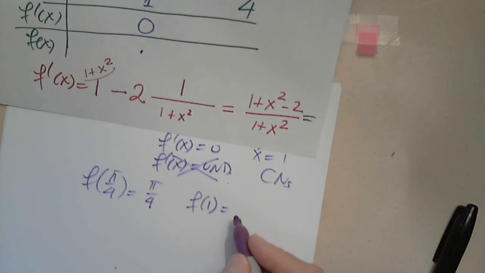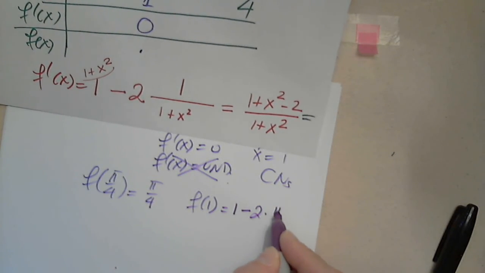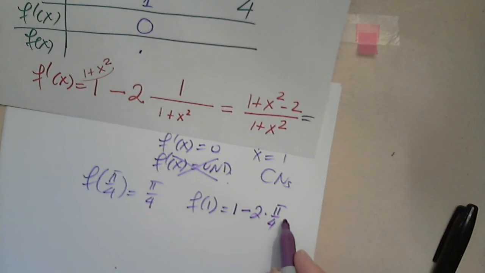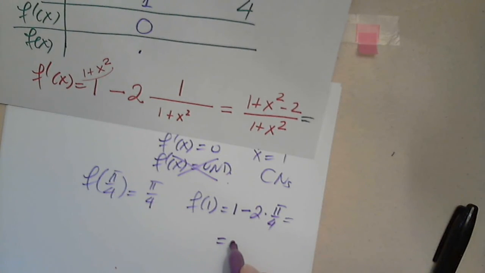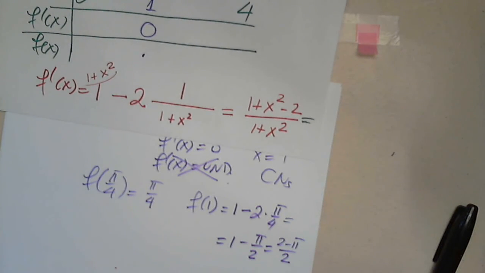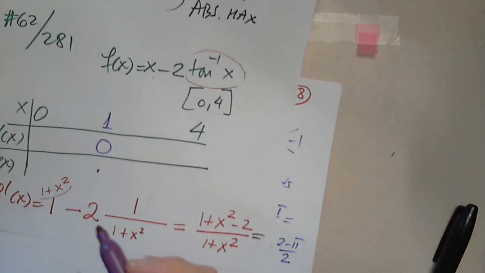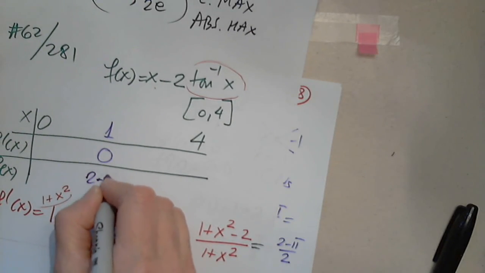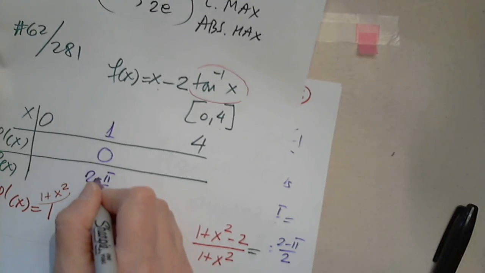F of 1 is 1 minus 2 times pi over 4. So this is 1 minus pi over 2, or 2 minus pi over 2. So it's going to be a negative number, but that's okay. So 2 minus pi divided by 2, that's exact.